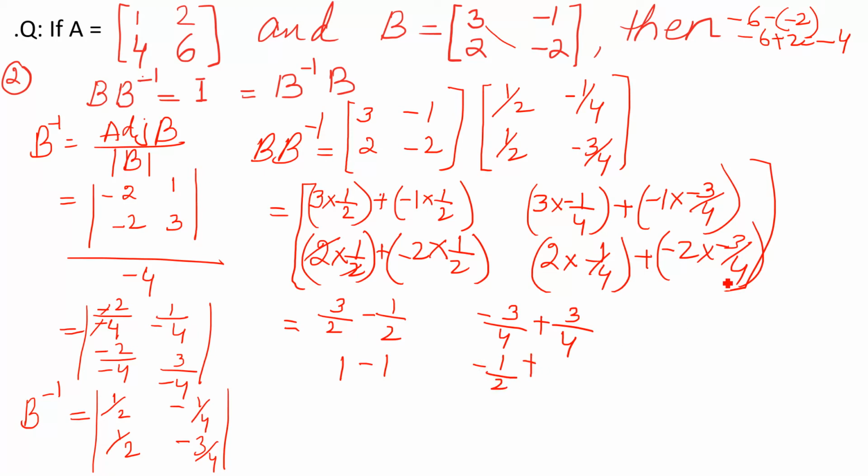This is B inverse, 1 over 4, which is equal to minus 1 over 2 plus 3 over 2.